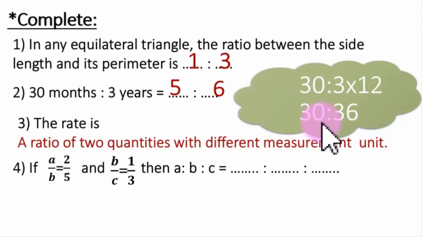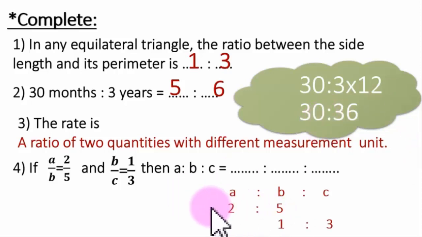If A to B equals 2 to 5 and B to C equals 1 to 3, then A to B to C equals... Now A to B equals 2 to 5, B to C equals 1 to 3, so 2 times 1 equals 2, 5 times 1 equals 5, 5 times 3 equals 15, so A to B to C equals 2 to 5 to 15.